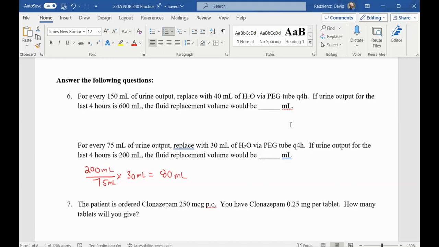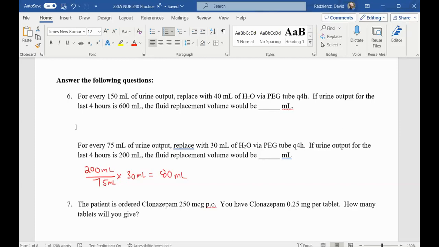So the 4 hours is kind of a distractor, it doesn't have any weight on how you answer this question. You could have all that voiding occurring in the last 5 minutes, so it's not continuous.